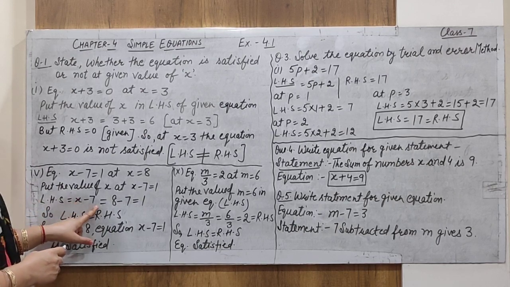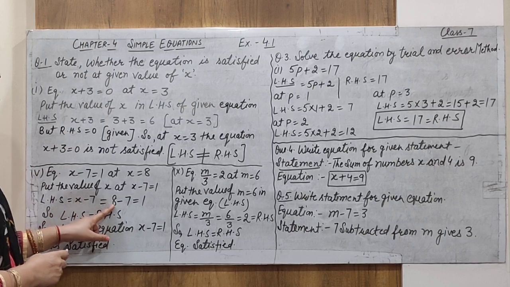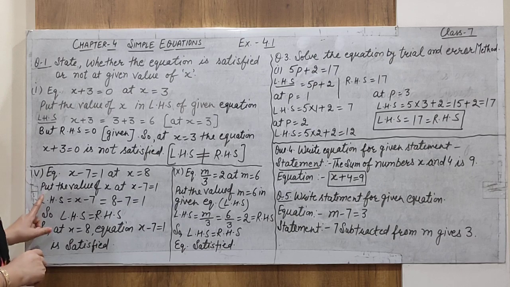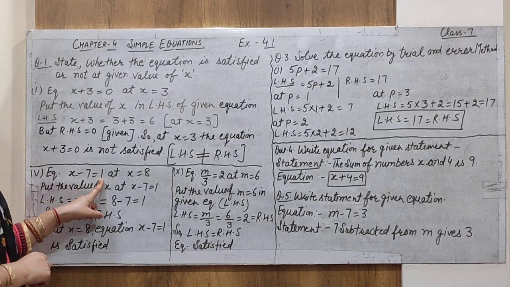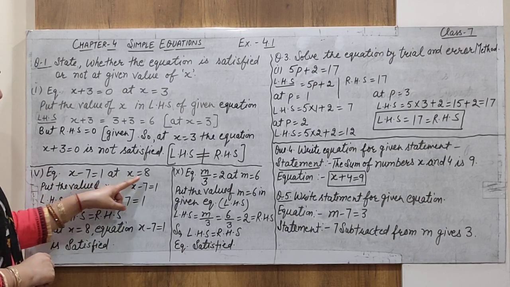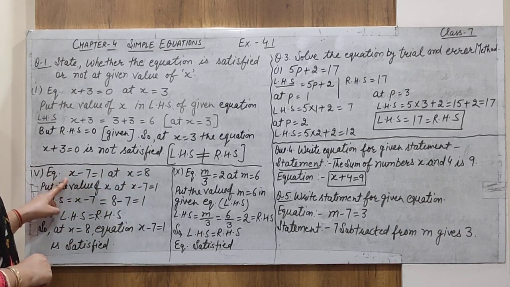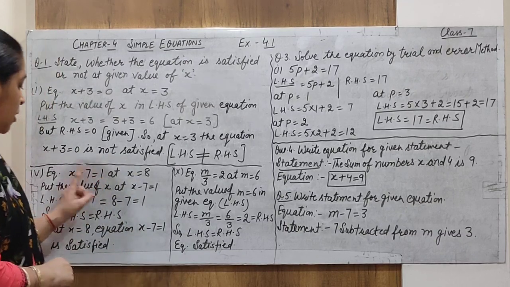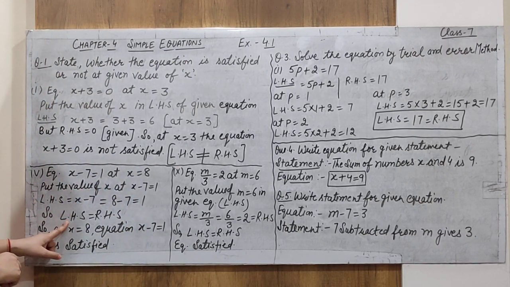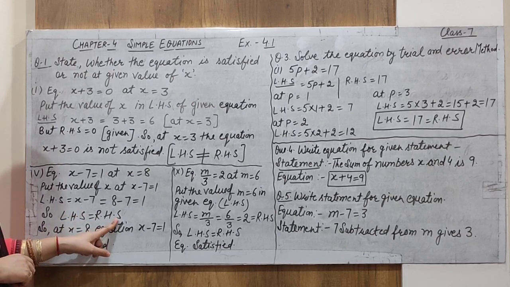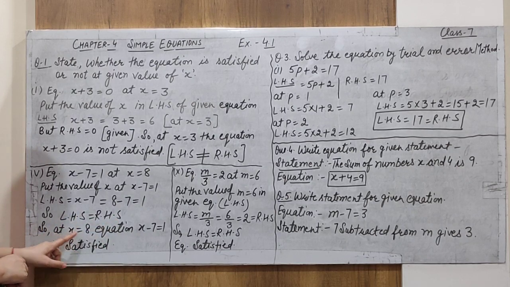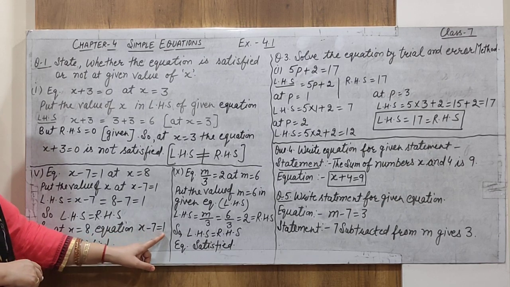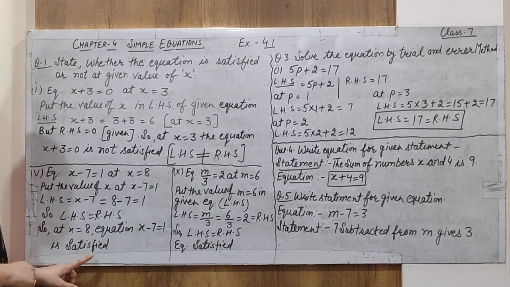The left hand side is x minus 7. Put the value of x, 8 minus 7, we get the answer 1. But the right hand side is what? The right hand side is also 1. So, if you put the value of x in the left hand side, the result is the same as in the right hand side. So, here we can say as the left hand side is equal to the right hand side, at x is equal to 8, the equation x minus 7 is equal to 1 is satisfied.